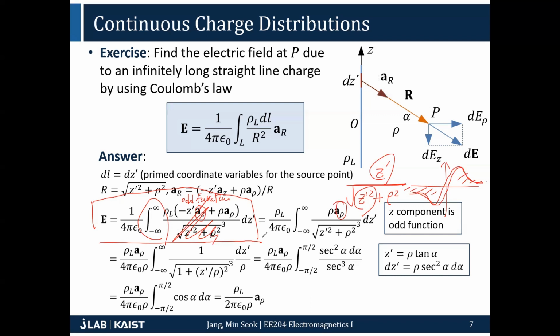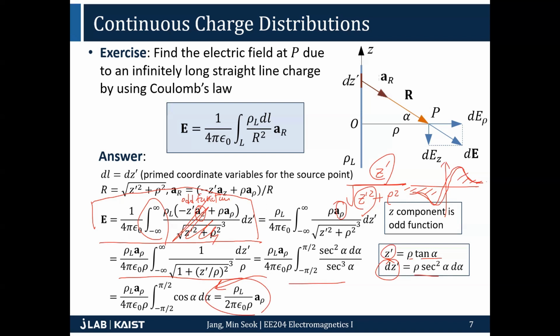And then to perform this integration, you need to apply some technique. You can just replace z prime with rho tangent alpha, and dz prime with rho secant squared alpha d alpha, and then this integration simplifies to a cosine alpha integration, and then you get the answer.